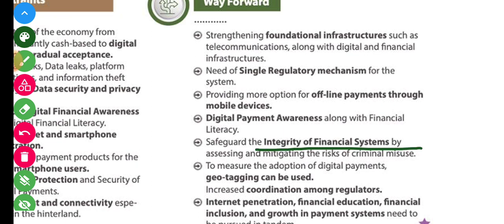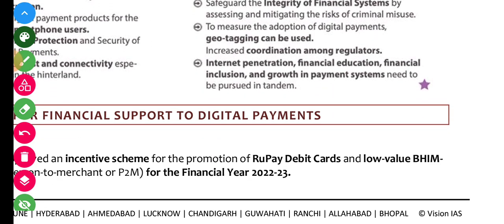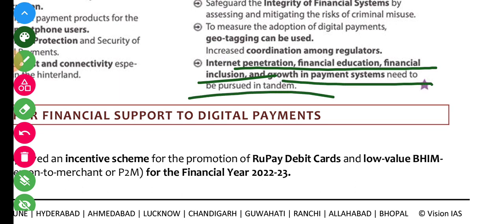Safeguard the integrity of financial systems by assessing and mitigating the risk of criminal misuse. To measure the adoption of digital payments, geotagging can be used. Increased coordination among regulators, internet penetration, financial education, financial inclusion, and growth in payment systems need to be pursued in tandem. So keep this in mind.